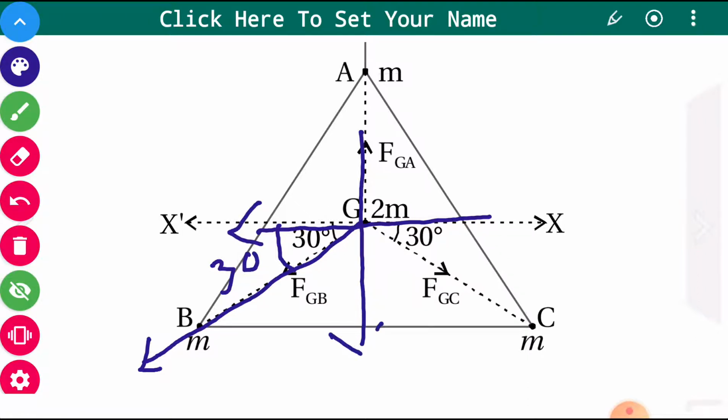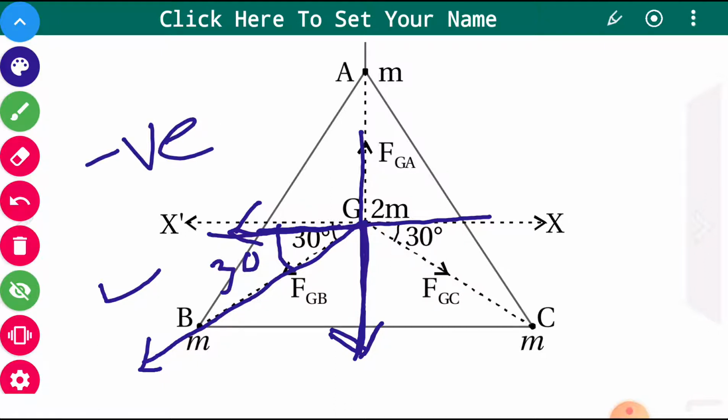The x component is cos 30, and the y component will be sin 30. Now these components are in the third quadrant, so both components will be negative.